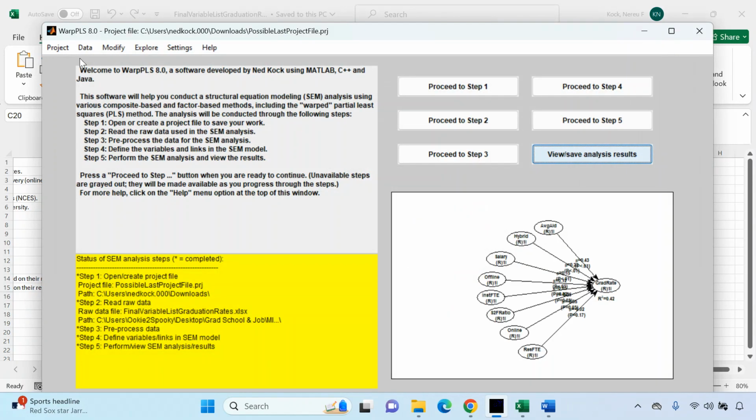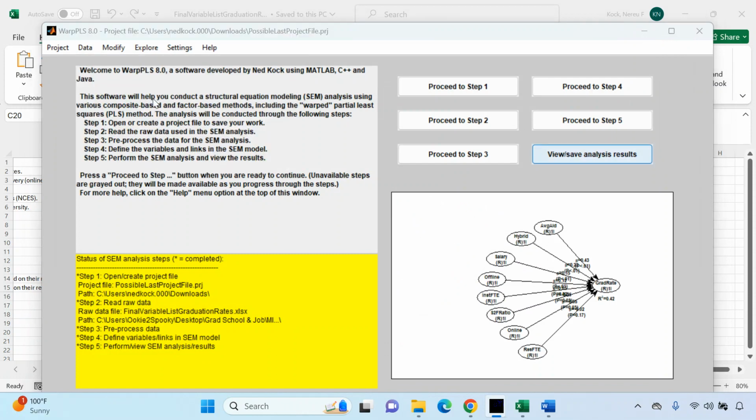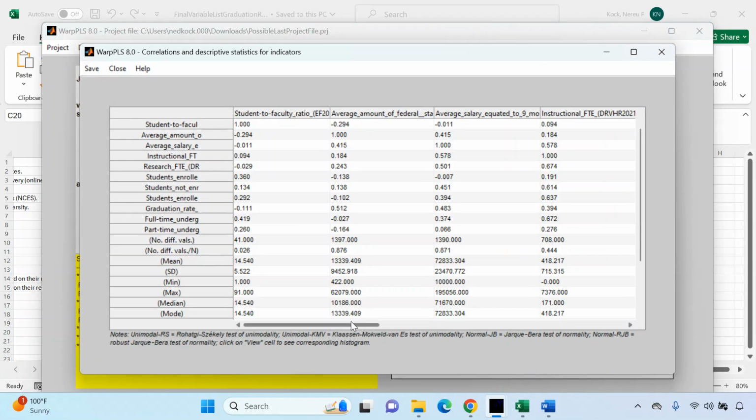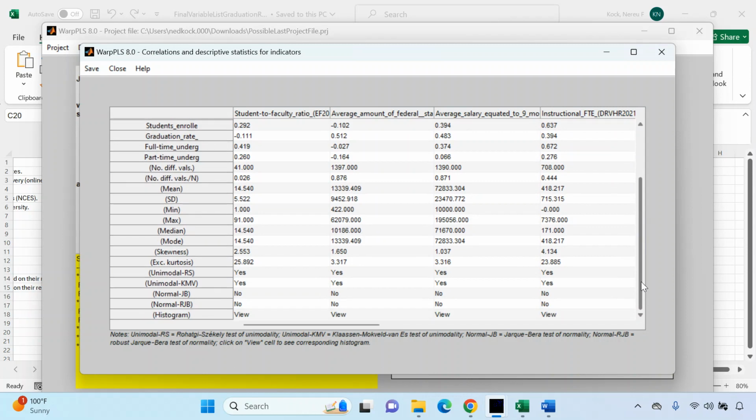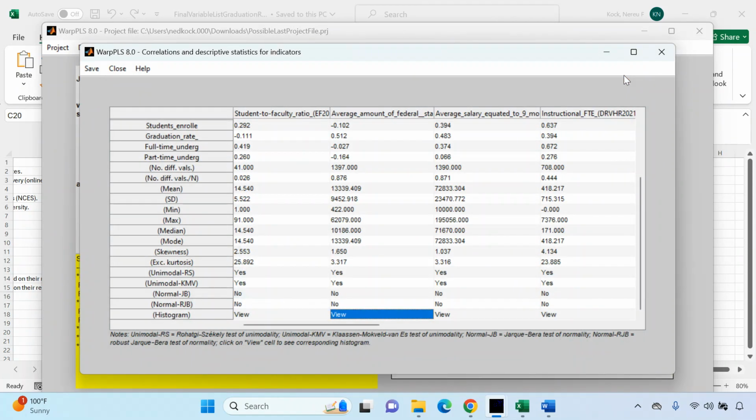Okay, so what else? What other histograms could be useful to show? Average amount of federal state... Okay, let me see.